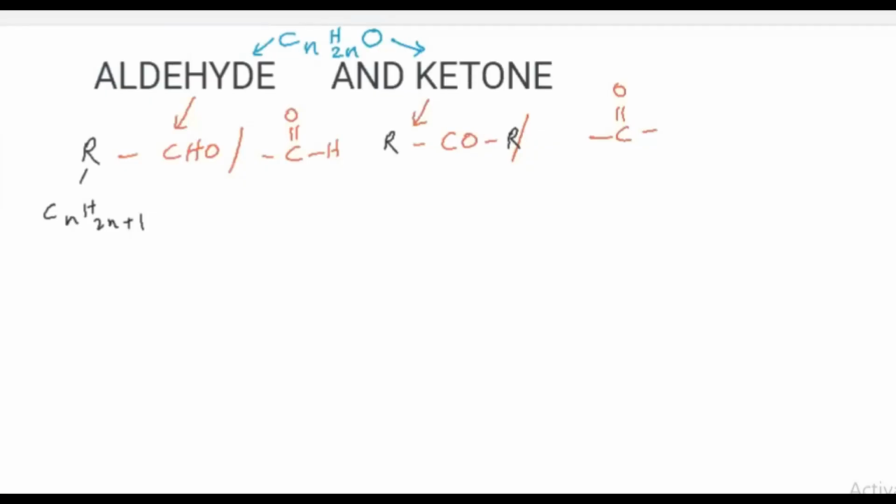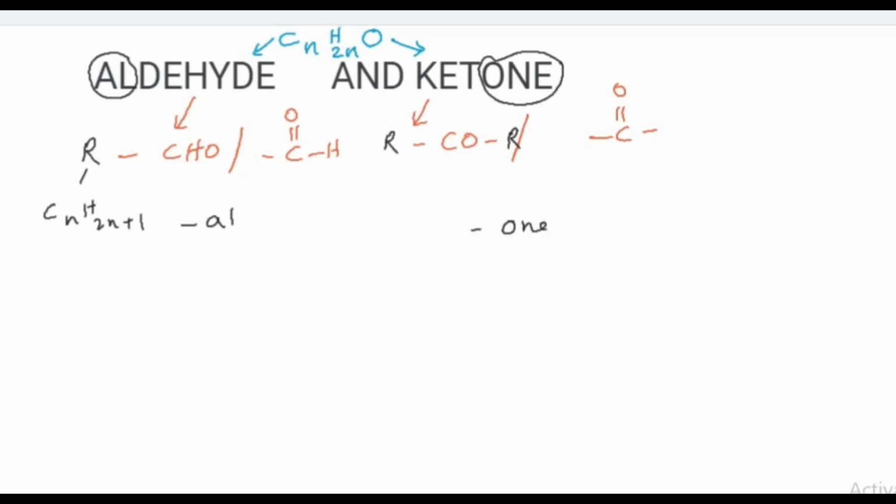The ending code for the aldehyde is al, and for ketone is one. So every organic compound which contains CHO must end in al, and the ketone must end in one. This is not al, this is one.